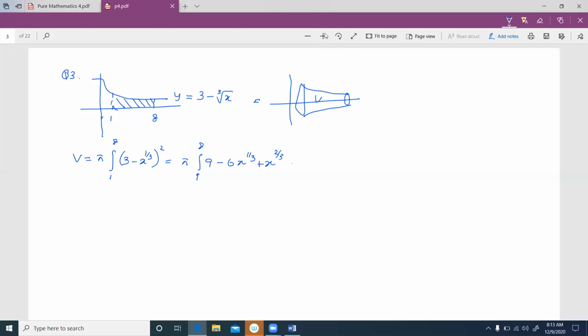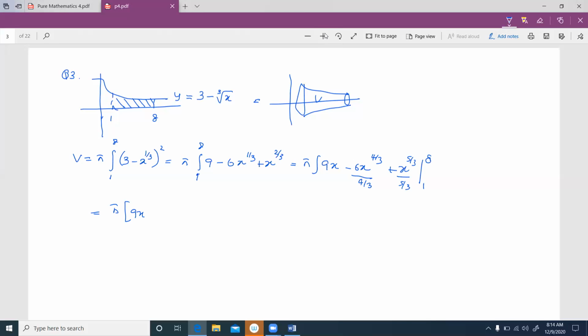So this is pi over here. It's done up to 9x minus 6x to the power 1 over 3 plus 1 is 4 over 3, over 4 over 3, plus x to the power 2 over 3 plus 1 is 5 over 3, over 5 over 3, from 1 to 8. So if I just write the rest of the answer over here, that is pi times 9x.